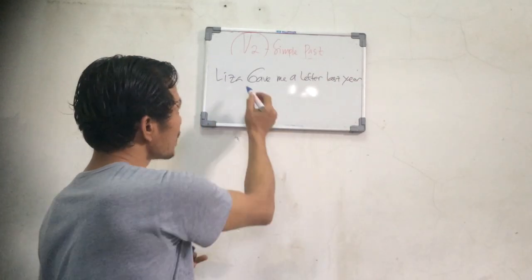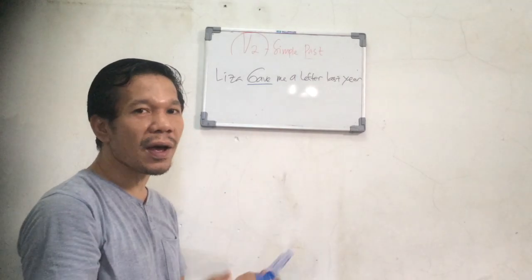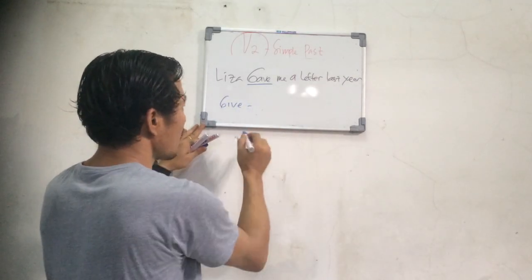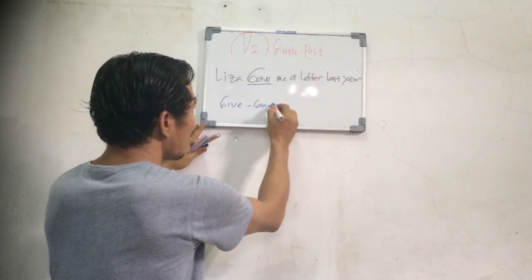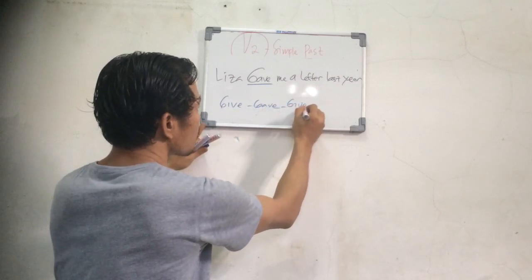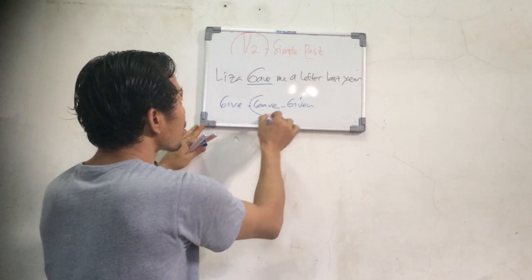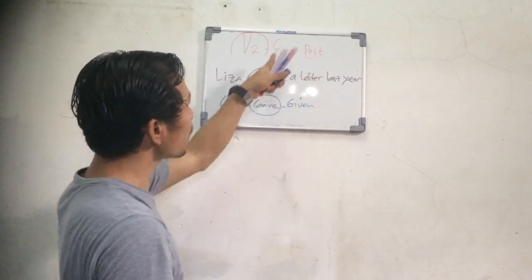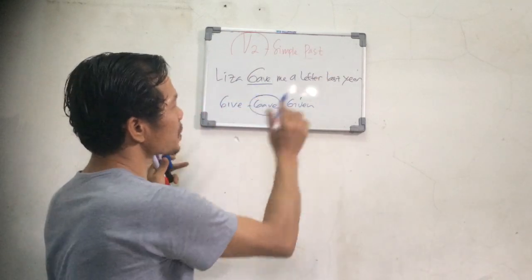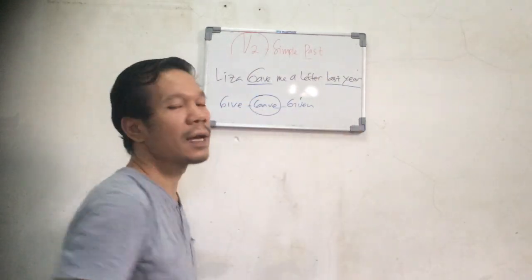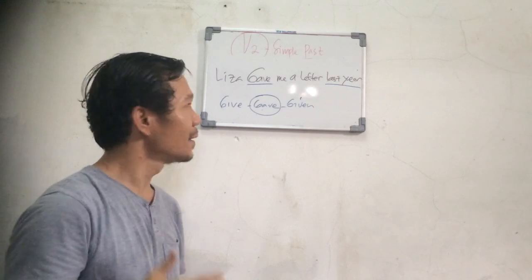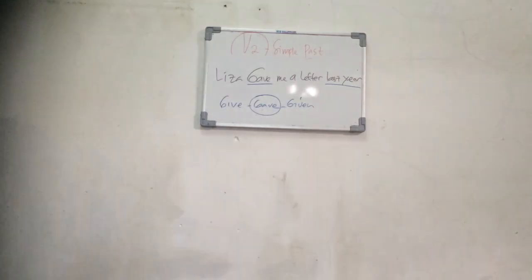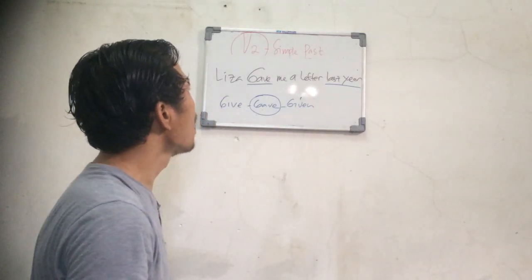Gave is the verb here. Gave derives from verb 1, give, verb 2, gave, and verb 3, given. So we use verb 2, gave, in this sentence because this is a simple past sentence with the specific time last year.